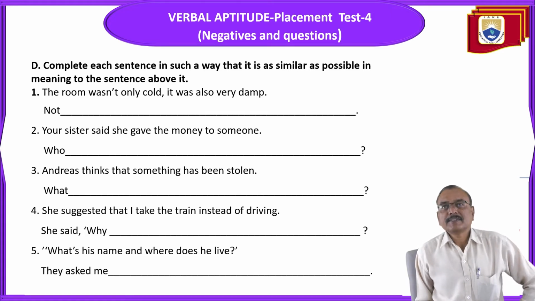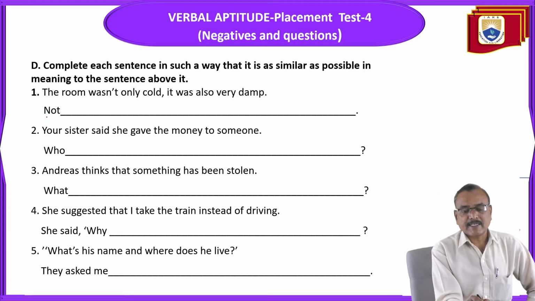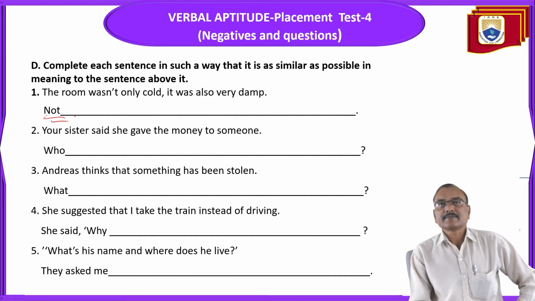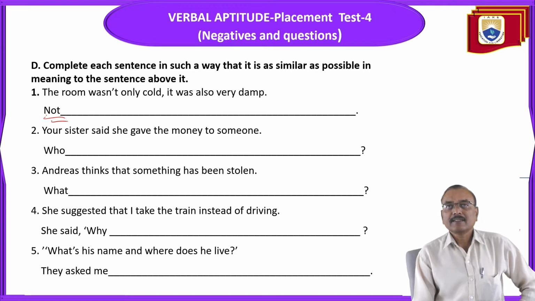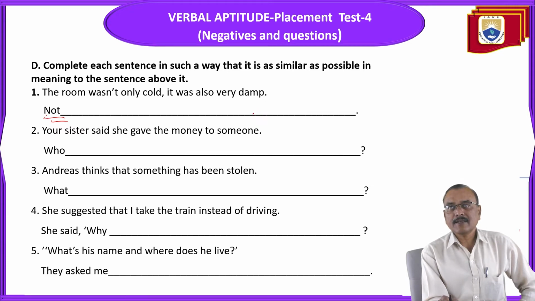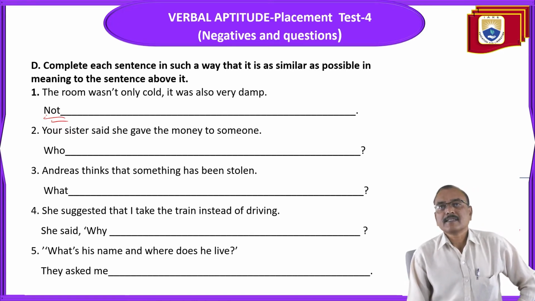See this one, first one: you should begin with the sentence as directed here, because the beginning word or beginning part of the sentence is given. When you rewrite the sentence, the rewritten sentence should also give the same meaning as the previous one. Is it clear?